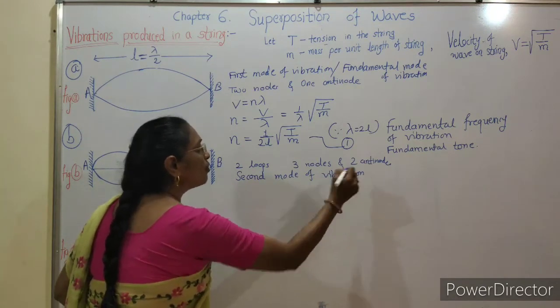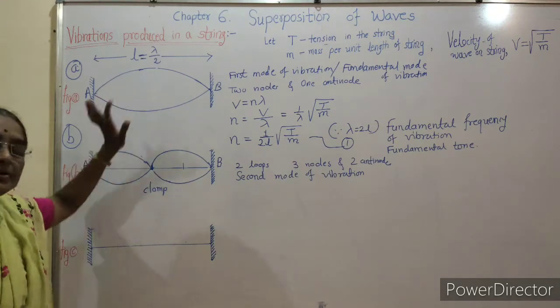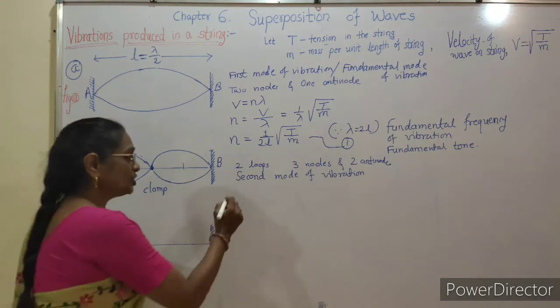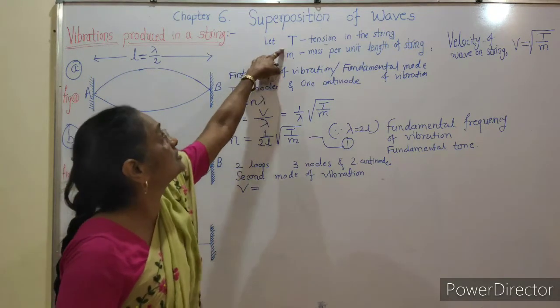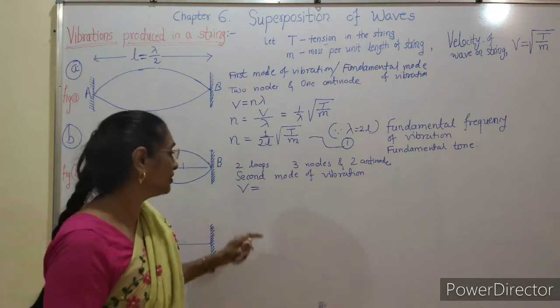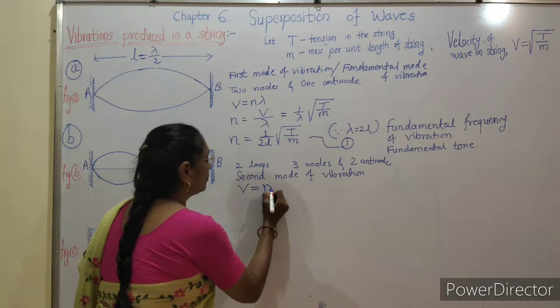And for this mode, wavelength is different as well as frequency is different, but the velocity of the wave is the same, because tension is the same and mass per unit length is the same, therefore velocity is the same.